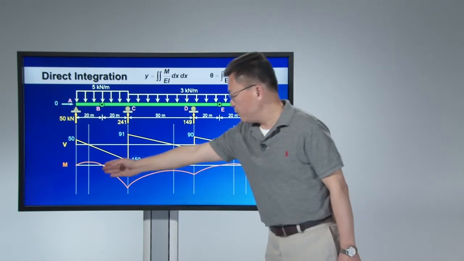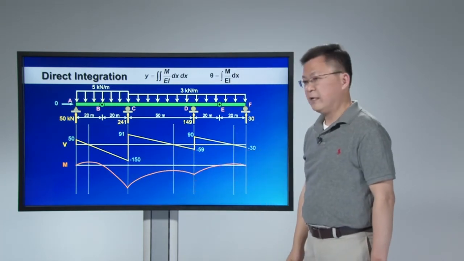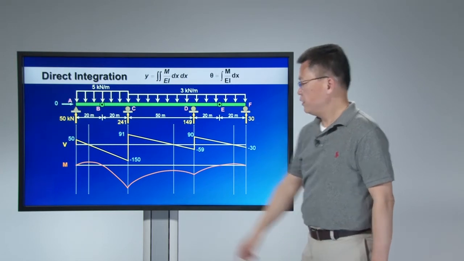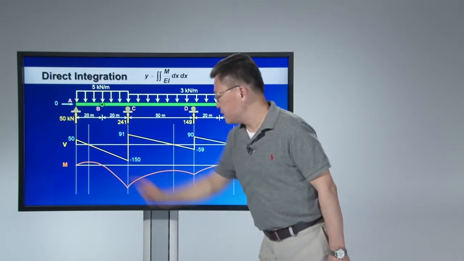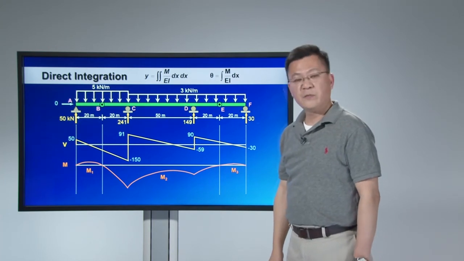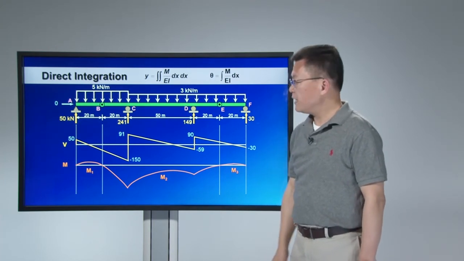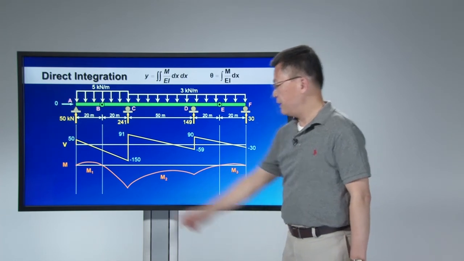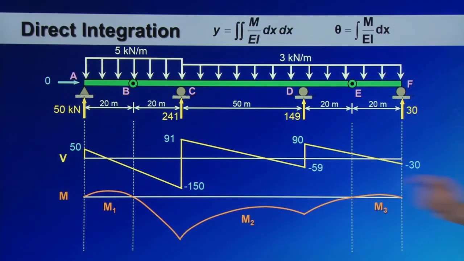Also, the bending moment diagram can help to construct the deflection shape. Positive bending moments should correspond to positive curvature, or convex. Negative bending moments should correspond to concave curvature.